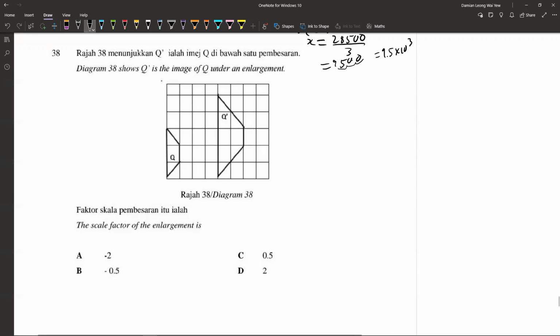Yeah, this is drawn wrongly. It should be like this. Yeah, it's definitely like this.